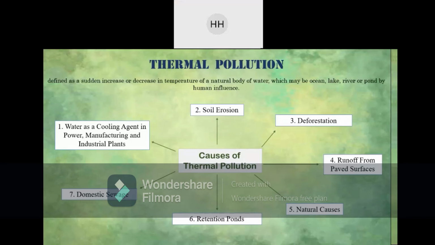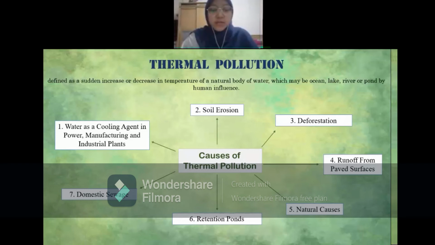Okay. Next is thermal pollution in water. Thermal pollution is defined as a sudden increase or decrease in temperature of a natural body of water, which may be ocean, lake, river, or pond, by human influence. There are seven causes of thermal pollution.